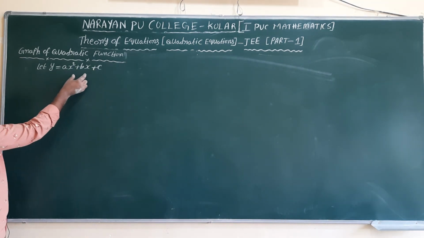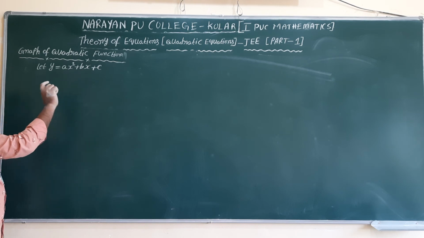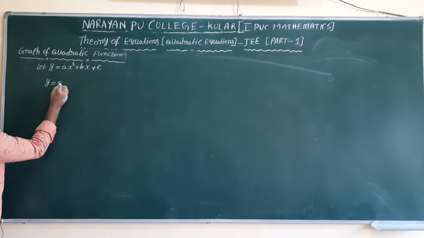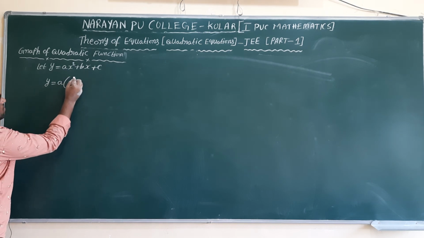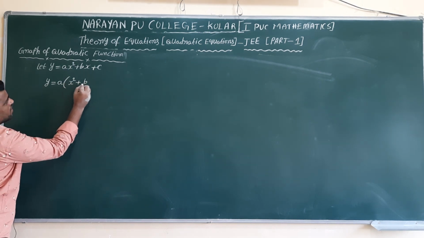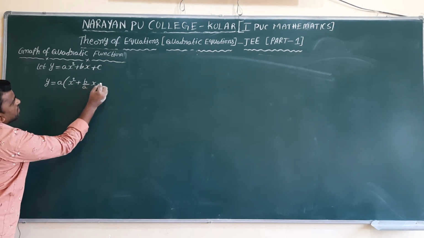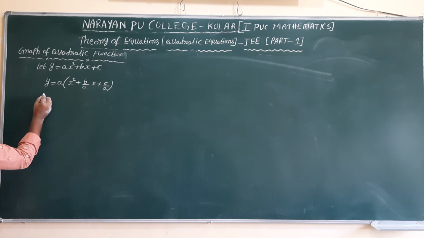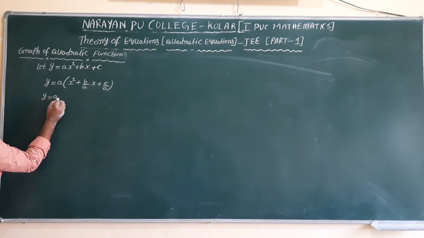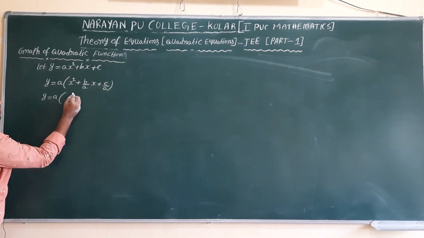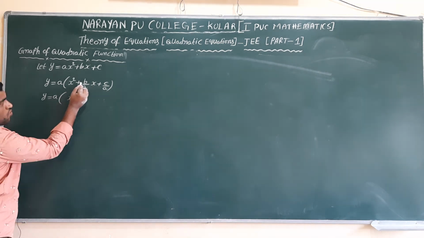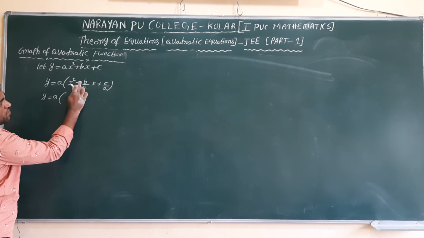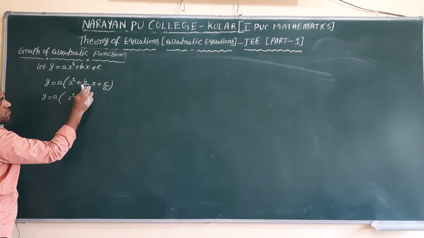This expression we need to convert into a perfect square. y equal to, take a common, x square plus b by a into x plus c by a. y equal to a into x square plus 2ab form. Here if you write 2 into b by 2a, the b value is b by 2a.